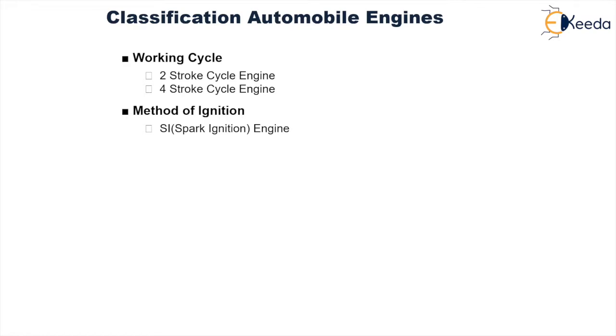spark ignition. Then another method of ignition is the compression ignition engine, wherein there is no need of a spark plug, because as the name itself indicates, the ignition of the fuel or the starting of combustion of the fuel is going to take place because of compression. Now it is important to understand over here that the fuel itself is not compressed directly.